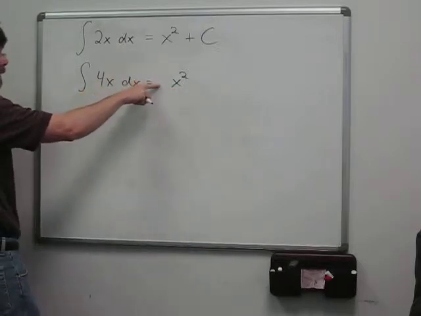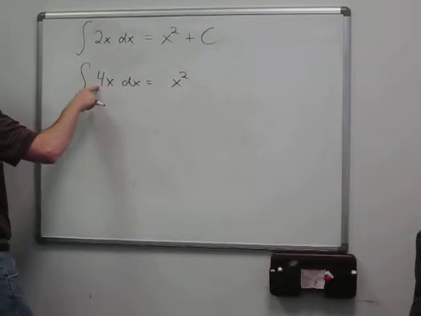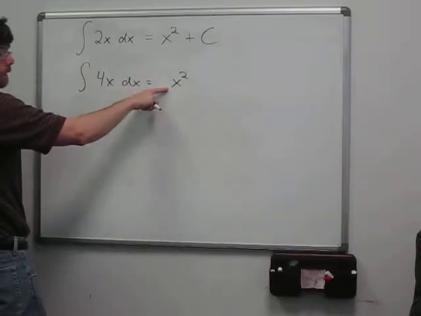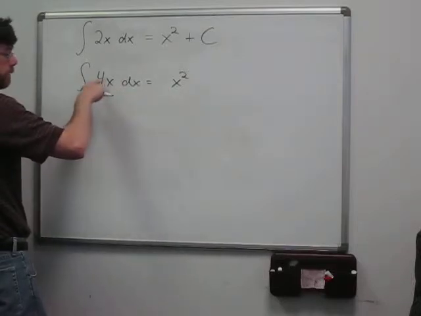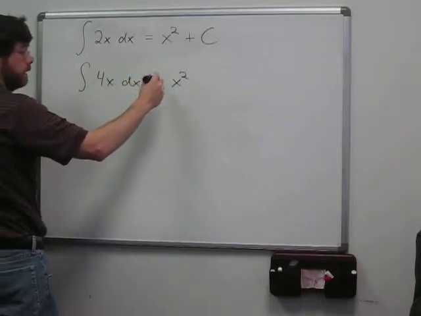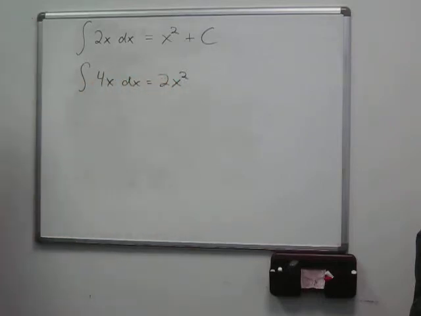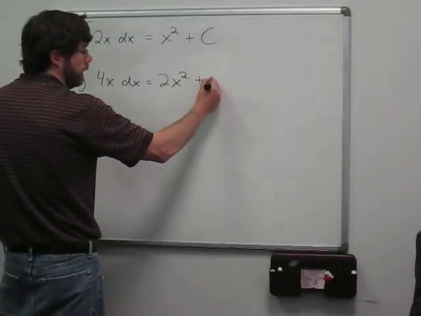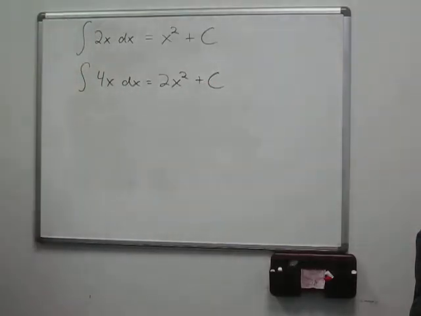When I multiply, I want to get 4. To figure out the coefficient in front, I'm just going to take 4 and divide it by 2. And 2x squared has the derivative of 4x. Again, we can add any constant onto that and still get a derivative of 4x.